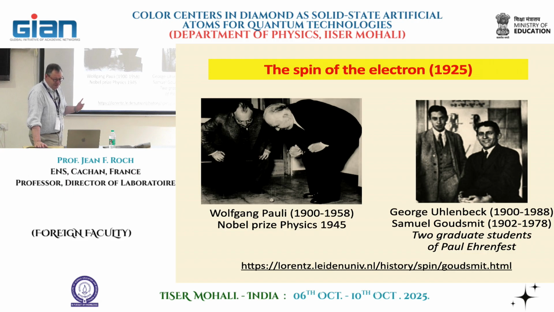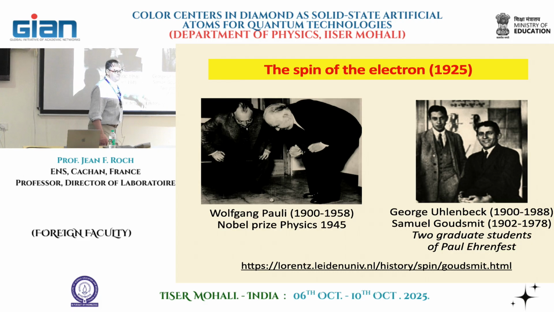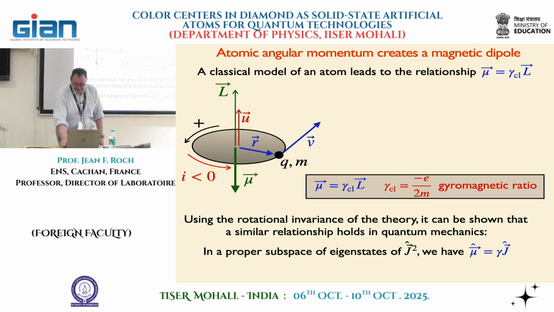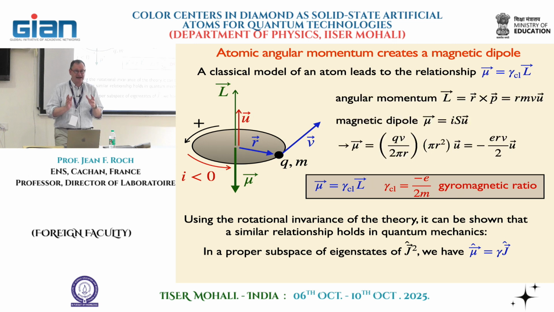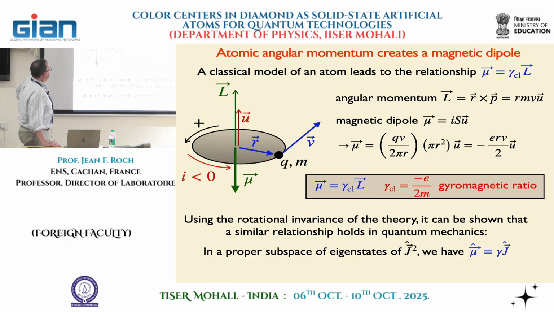So you have this beautiful connection between the work done by Pauli and the work done by these two young physicists. Basically, we just have to come back to another property, which is very important for the following lectures: an angular momentum creates a magnetic dipole. There is a link between the angular momentum and the magnetic dipole.